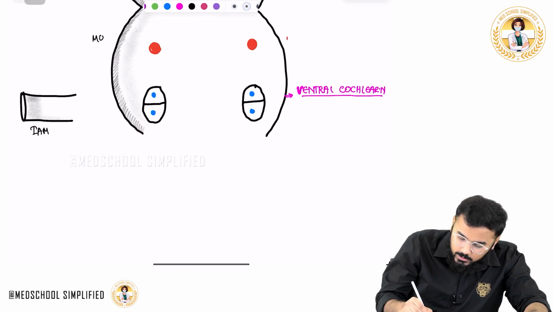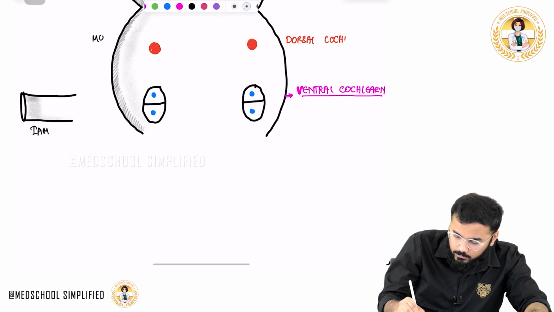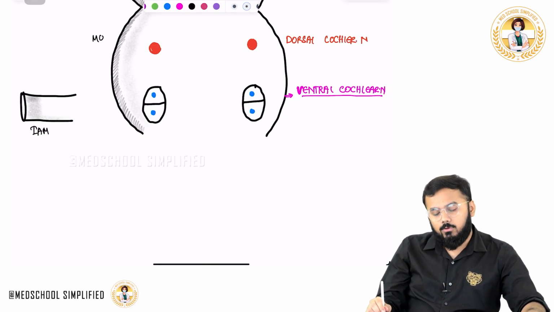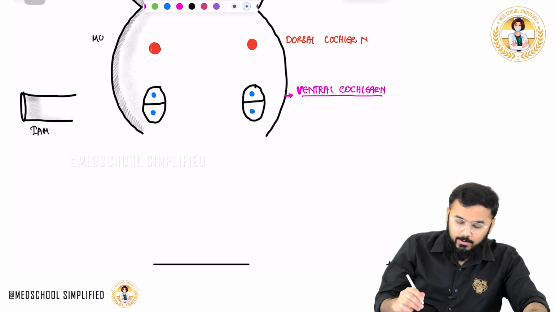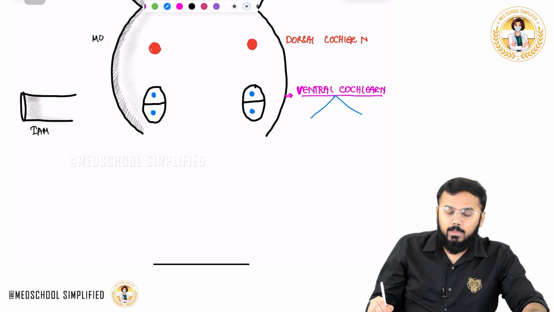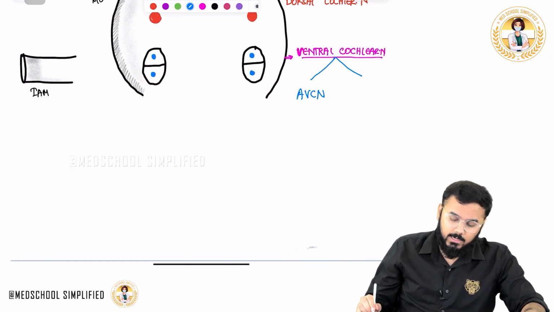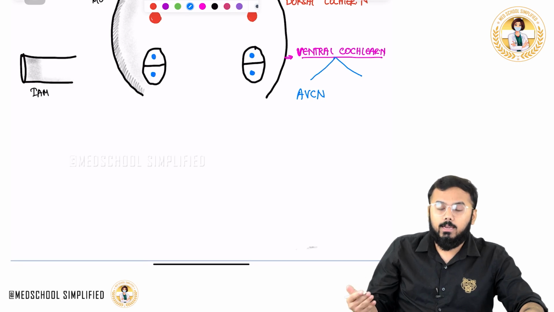This is your dorsal cochlear nucleus. Now within the ventral cochlear nuclei, again there are two important nuclei. What are these two? One is called AVCN, the anterior ventral cochlear nucleus.